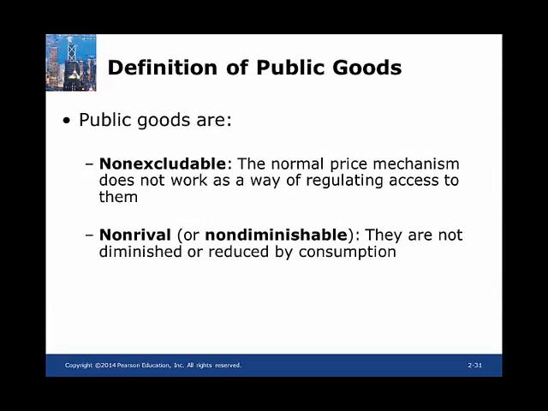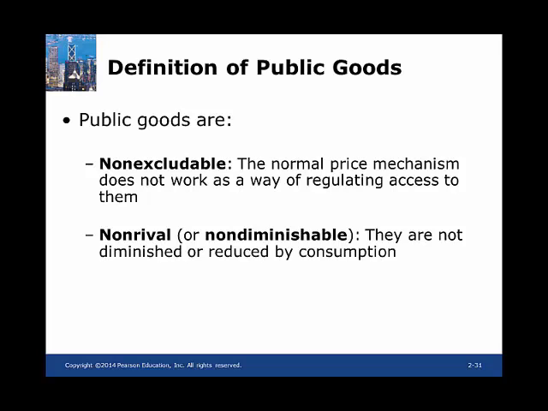Public goods are non-excludable and non-rival in consumption. It means no one is excluded from consuming a public good. Non-rival means consumption by one person does not reduce consumption by another person.